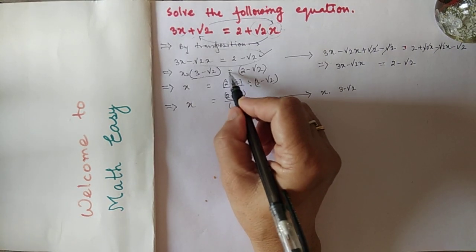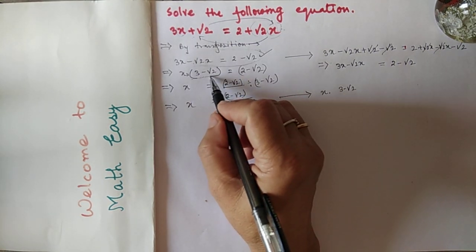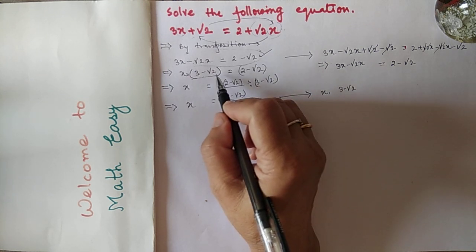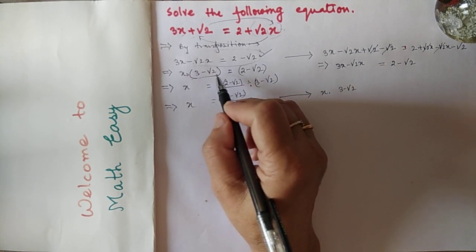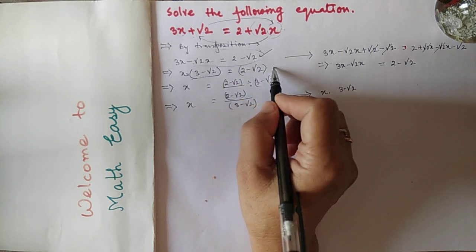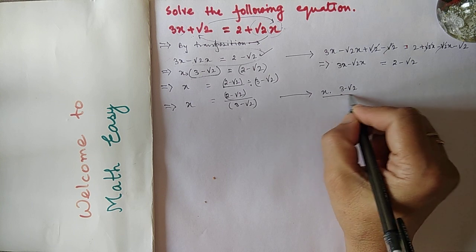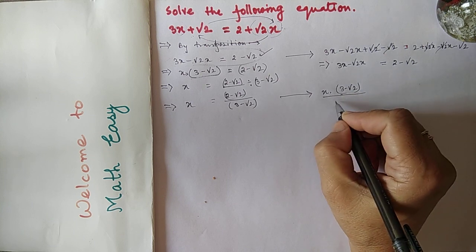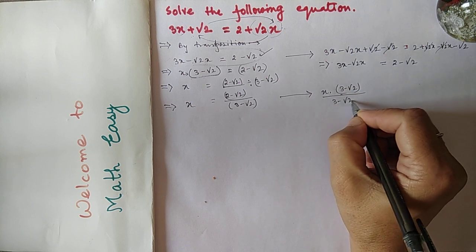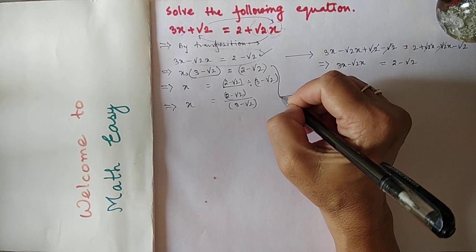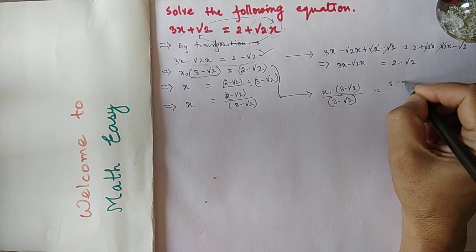Is equal to sign is there, so whatever we add on the left hand side, we have to add on the right hand side also. Even if we subtract or multiply or divide on the left hand side, the same thing we have to do on the right side also. So if we divide 3 minus root 2 with 3 minus root 2, the right hand side also we have to do the same thing.